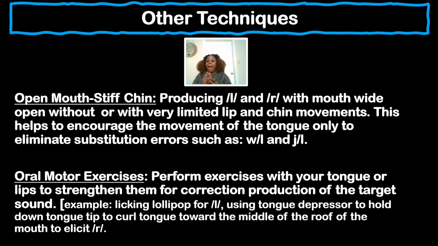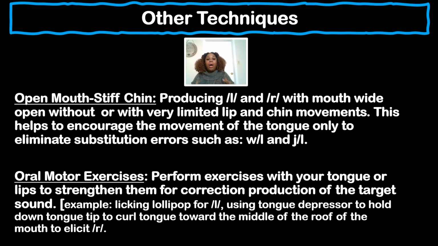Right before I leave, I want to give you a few other techniques that can help you help your child produce an L and an R sound. This is what I call this method. I don't know if anyone else does it, but it's what I've learned in my experience teaching children how to make the L and R sound.